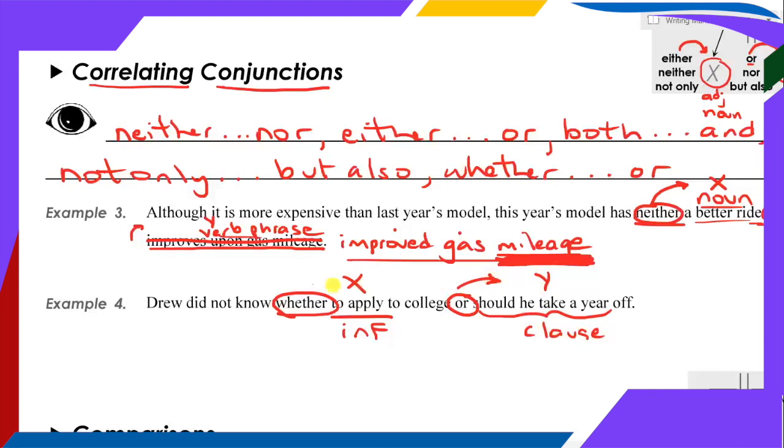So once again, we do not have matching things after each half of our correlating conjunction pair. So we want to change this to an infinitive. And now what we have is, "Drew did not know whether to apply or to take a year off." And now we have balance. Now we have parallelism.